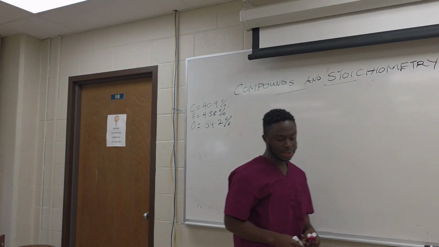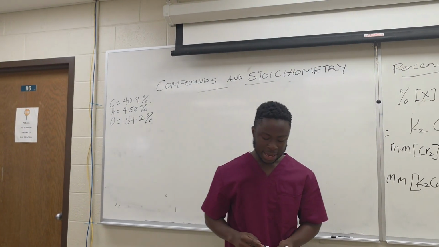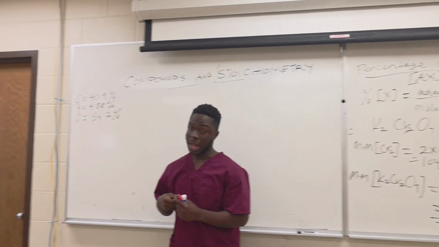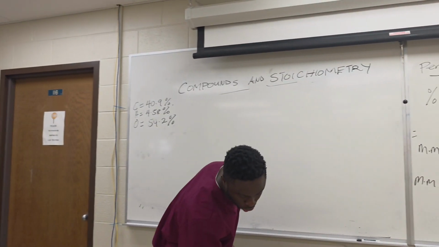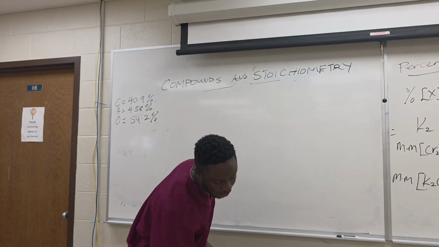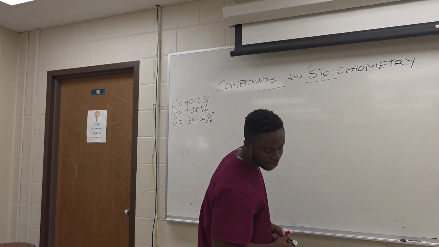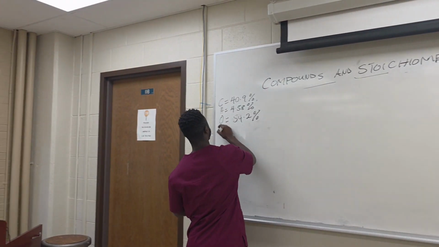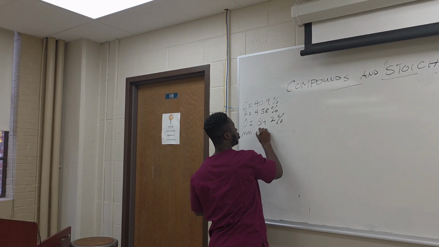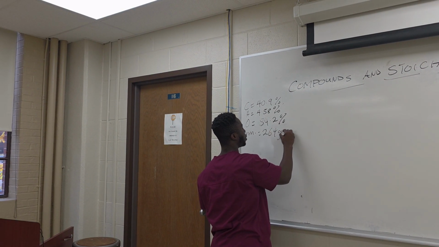Now, once you get a question like this, assume that the question goes on to say the compound has a molar mass of 264 grams per mole. So the whole compound has a molar mass of 264 grams per mole.